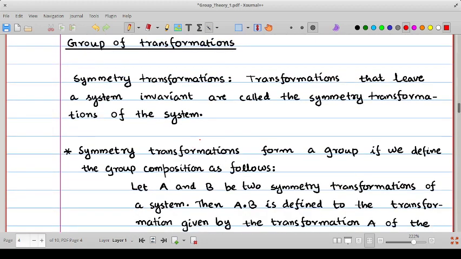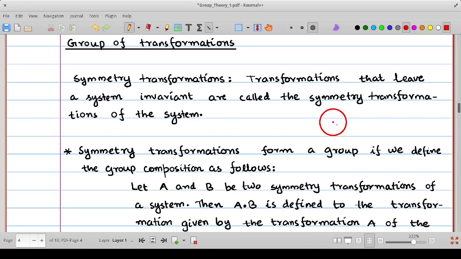Now we consider the group of transformations. So let us first discuss what a symmetry transformation means. The transformations that leave a system invariant are called the symmetry transformations of the system. For example, consider a circle.